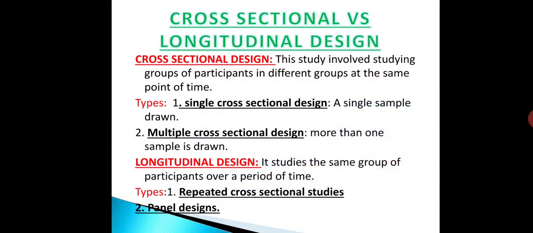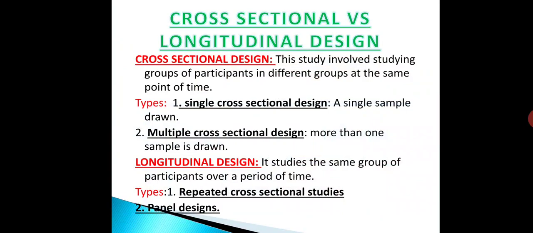Cross-sectional versus longitudinal design. First is cross-sectional design. This study involves studying groups of participants in different groups at the same point in time. So cross-sectional research refers to the study of a vast group of people or sample and their behavior at the same point in time.